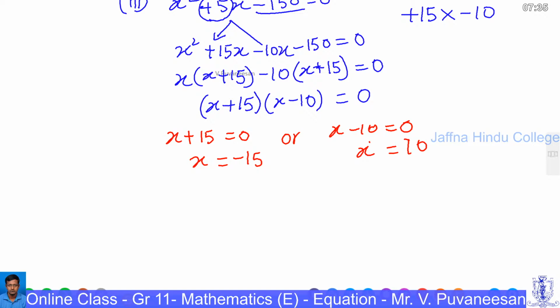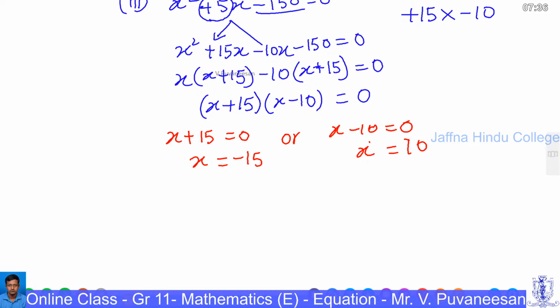Now you look at the answers, x equals minus 15 and x equal 10. What are the x? But we take width as x. Width is the length. So length should be a positive number.